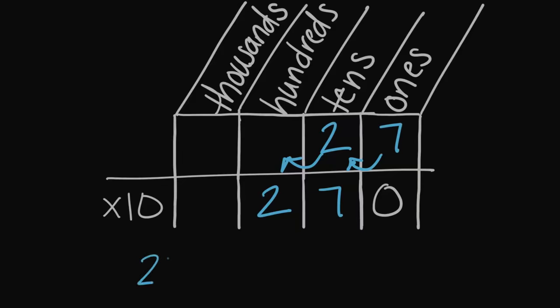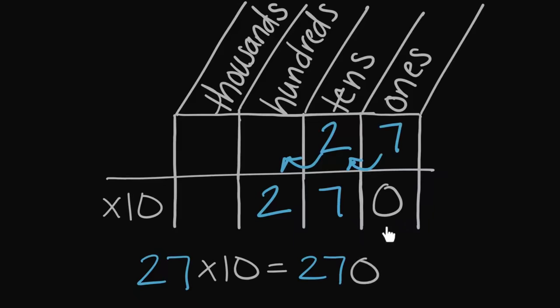So we can say that 27 times 10 is equal to 270. So whether we think about it as adding a 0 to the end or moving a place value to the left, multiplying by 10 creates a really neat pattern that we can use to help us to solve these problems.